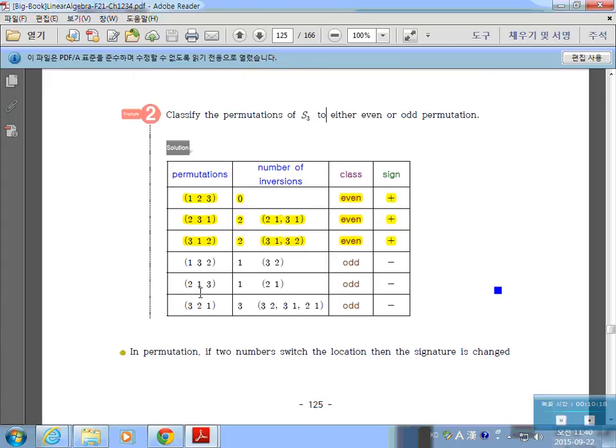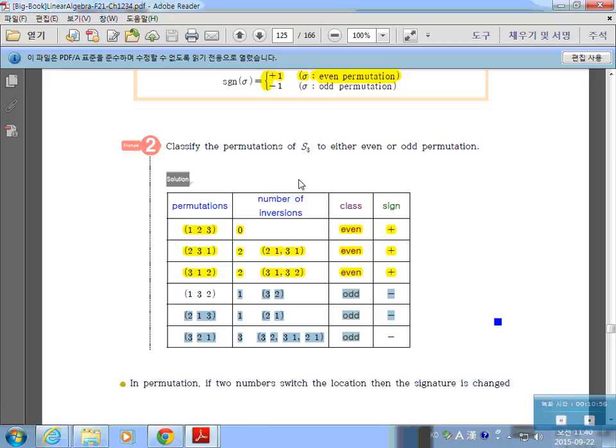If you count the number of inversions, there is 0 inversions, 2 inversions, 2 inversions, 1 inversion, 1 inversion, and 3 inversions. More important, we have 3 even permutations and 3 odd permutations. Half is even and half is odd. That's very important.